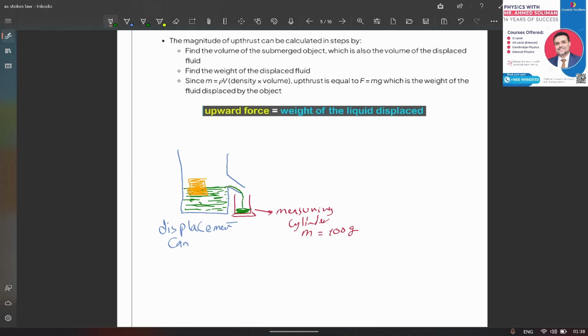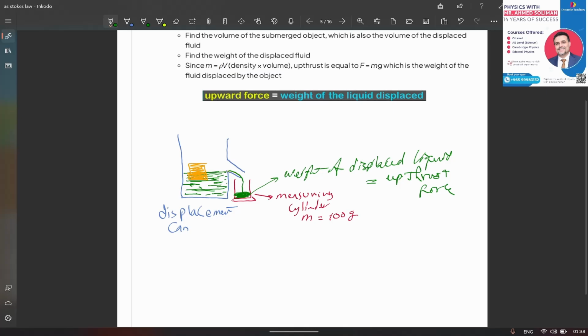Now we need to find the weight of the displaced liquid. This will equal what? Upthrust force. So to find the upthrust force, you need to know the weight of the displaced liquid when you add the object.